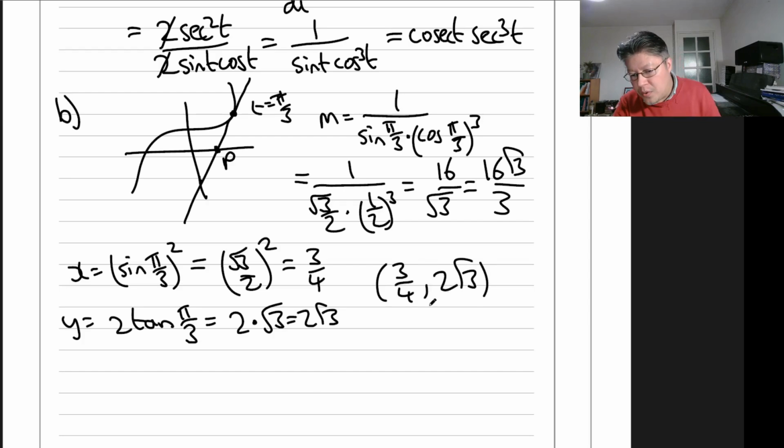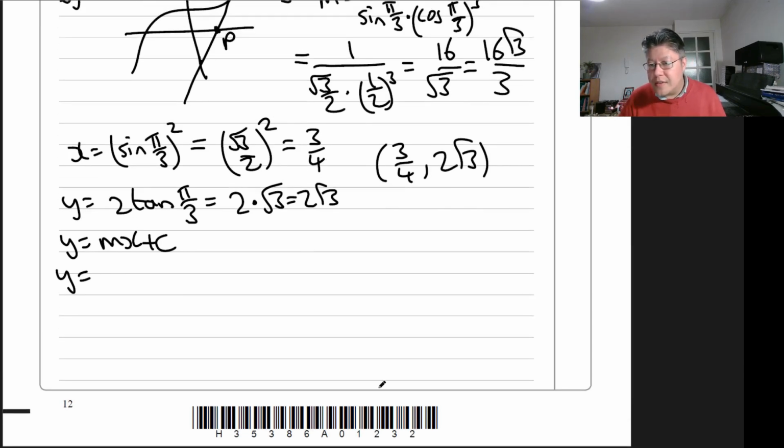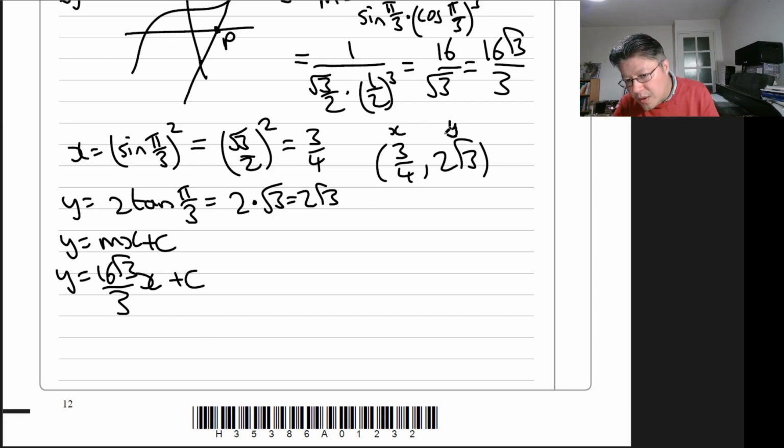So now that we have a point and a gradient, we can now get the equation of the straight line using y equals mx plus c. Therefore y equals, there's the gradient over there, y equals 16 root 3 over 3 x plus c. And then we're going to substitute the x and y coordinates in to here.